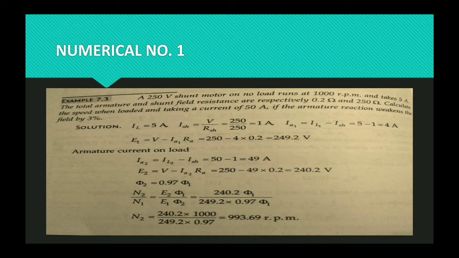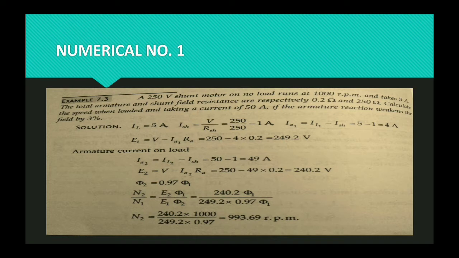So we have to calculate the speed when it is loaded and taking a current of 50 ampere. At first it is taking 5 ampere current, and when it takes 50 ampere current, at that time we have to calculate the speed. And if the armature reaction weakens the field by 3%, we have to find out the speed.